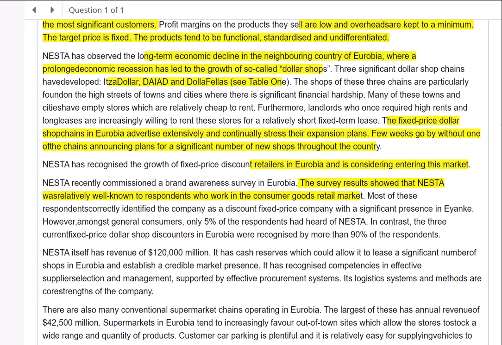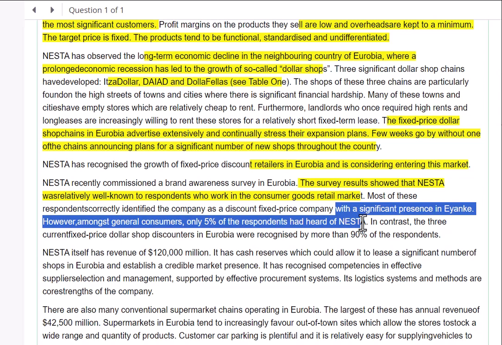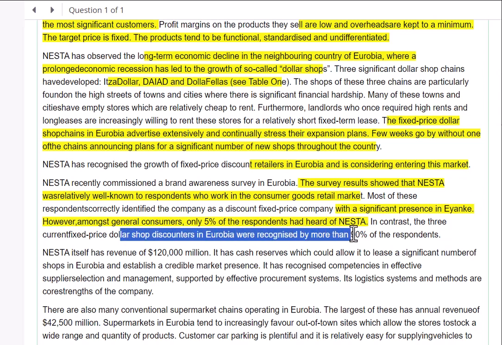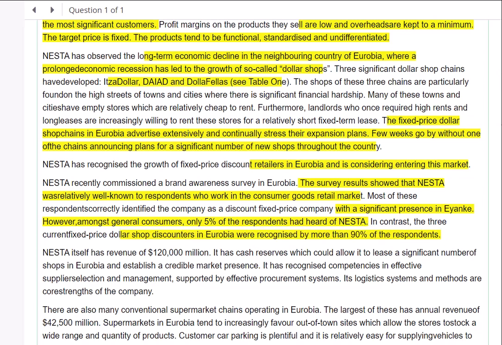Most of these respondents correctly identified the company as a discount fixed price company with a significant presence in E. However, amongst general consumers, only 5% of the respondents had heard of Nesta. In contrast, the three current fixed price dollar shop discounters in E were recognized by more than 90% of the respondents.